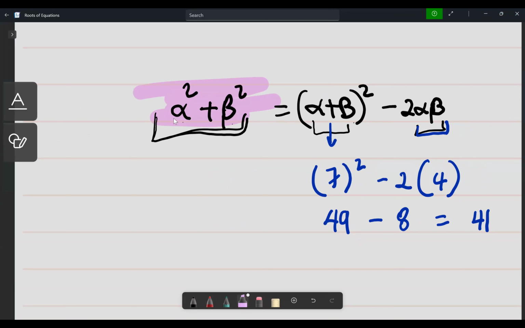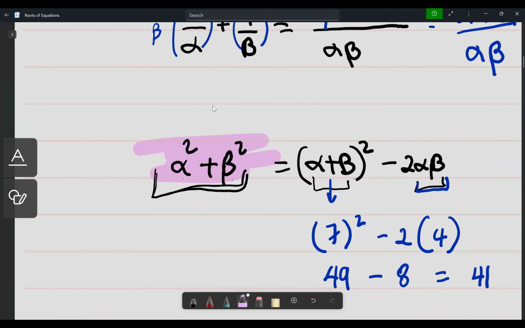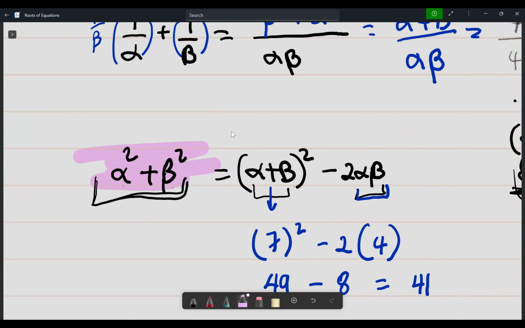So what you need to realize is that alpha squared plus beta squared is very similar to a perfect square, where if you had a plus b all squared, well, that is just a squared plus 2ab plus b squared.